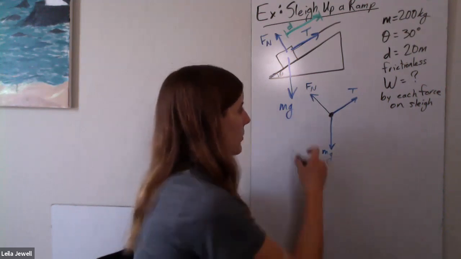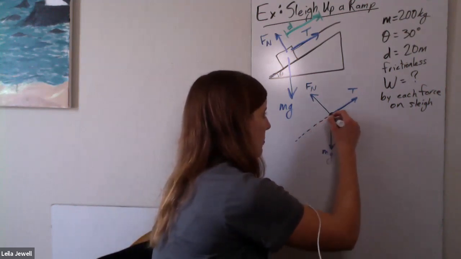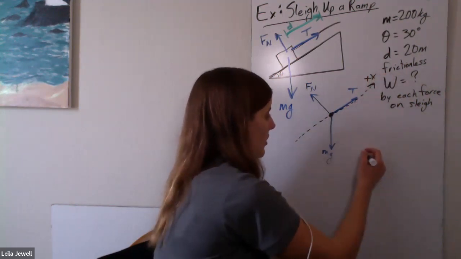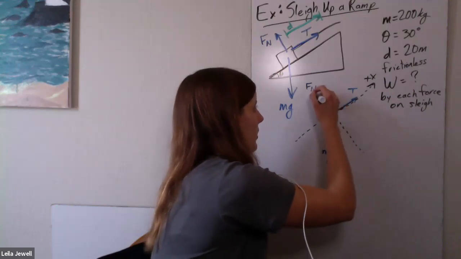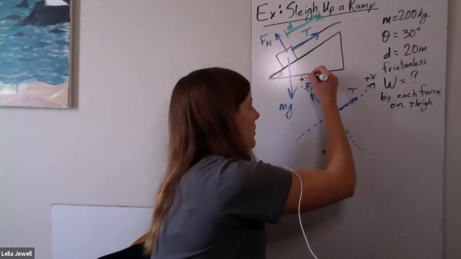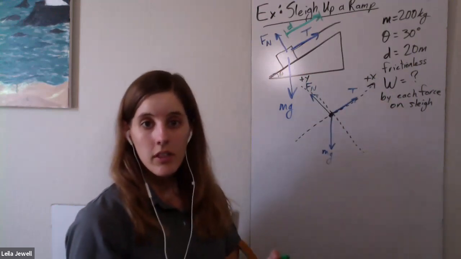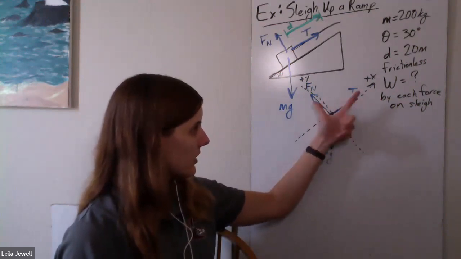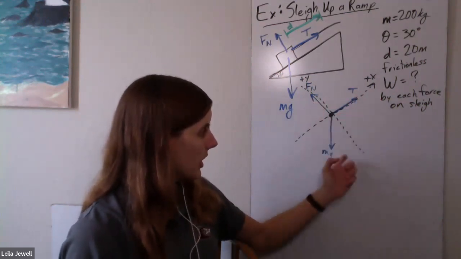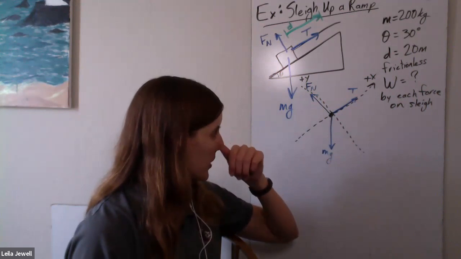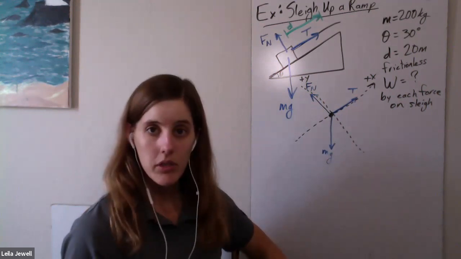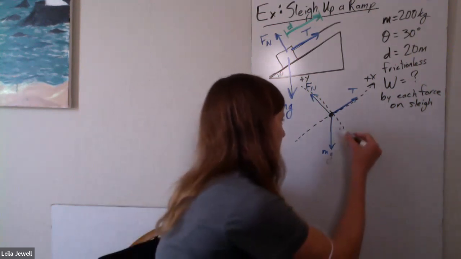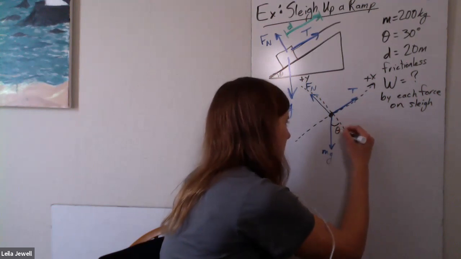So we're going to line up our axes once again with the slope, because that's the direction of motion. So I'm going to call that the positive x direction. And the normal force is in the positive y. This allows us to have two of our forces along the axes that are perpendicular to each other. And the weight force is one that we may want to break down into x and y components. But before we get there, I'll just add a little label that the angle theta does appear like so.